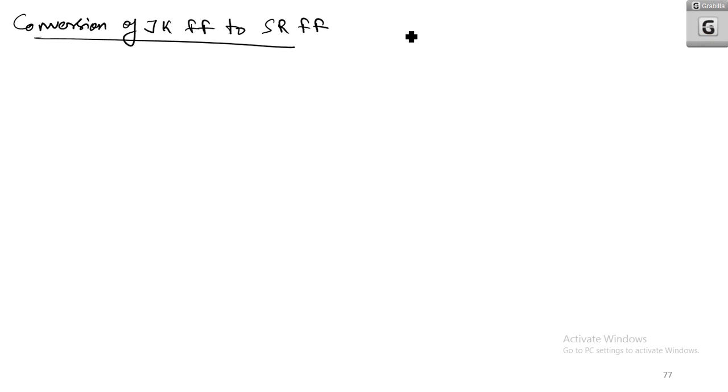So the first one I am going to deal with is the conversion of JK flip-flop to SR flip-flop. Or we can write: realization of SR flip-flop using JK flip-flop.